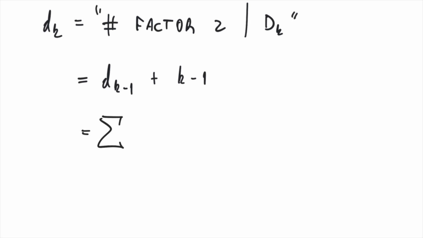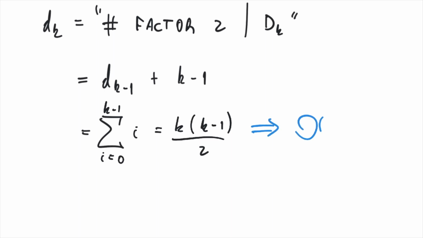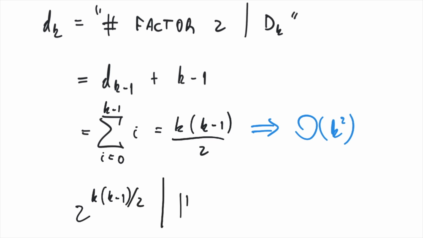It just tells you that d_k is the sum from i=0 to k minus 1 of i, which is nothing else than k times k minus 1 over 2, and importantly, this grows very fast. This is O(k squared). Then we have proved that 2 to the power k times k minus 1 over 2 divides D_k, which was the difference between the hashes of s_k and of s_k bar.